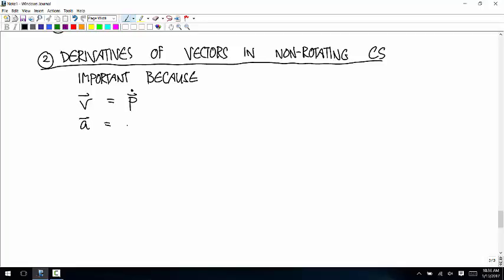The acceleration vector is the time derivative of the velocity vector. And the angular acceleration vector is the time derivative of the angular velocity vector, omega, Greek omega.